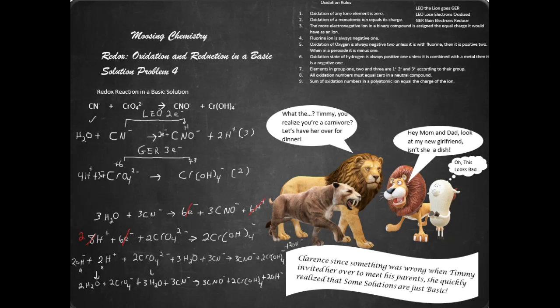Alright, you see this 2H2O, this 3H2O? We're going to combine these to make 5H2O plus 2CrO4 minus, much better, plus 3CN negative yields 3CNO negative plus 2CrOH4.